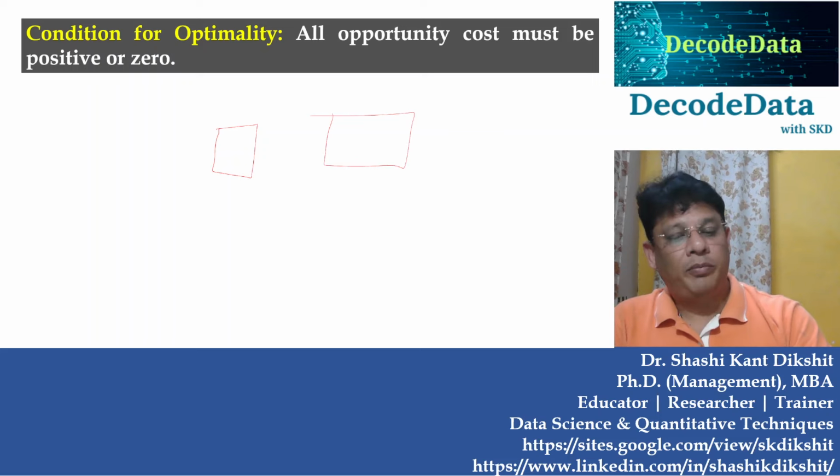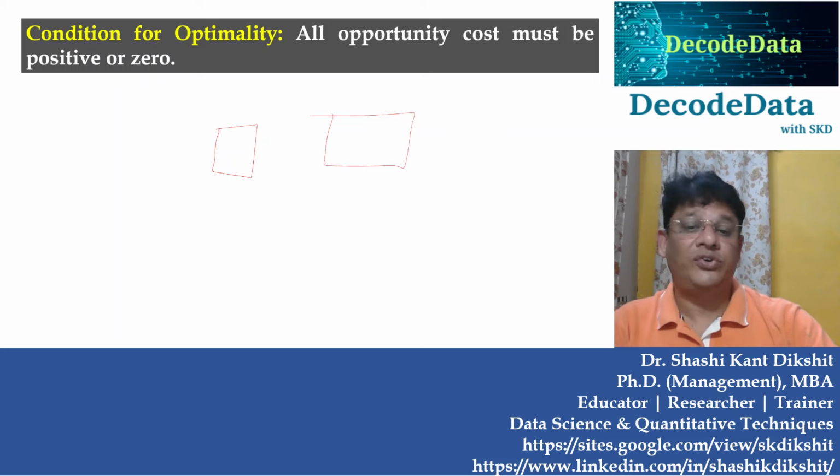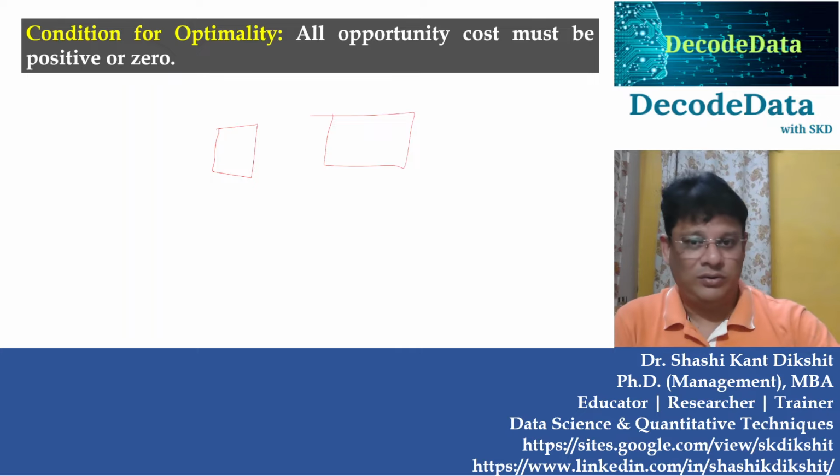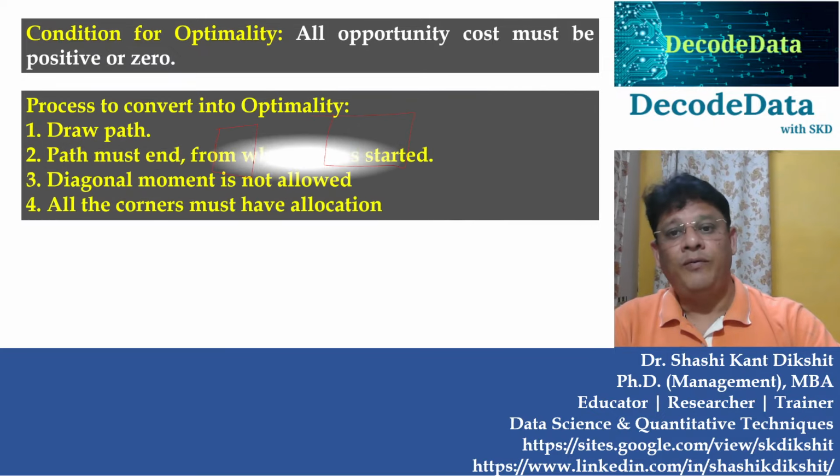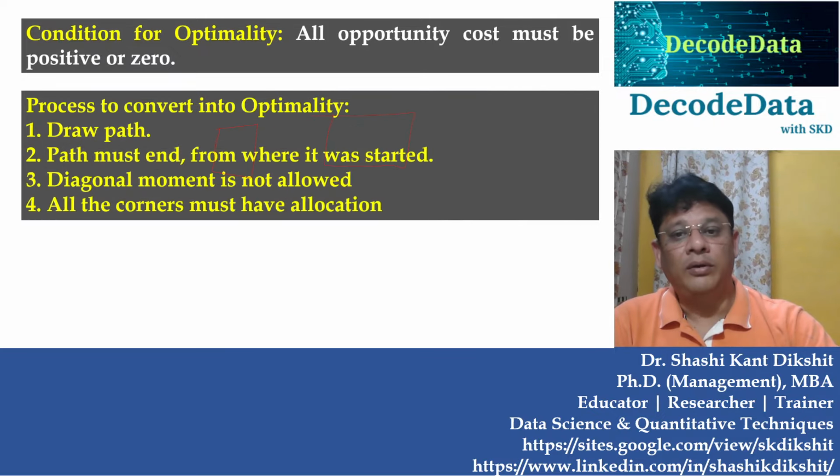To draw this path, we have some conditions. To convert into optimality, the path must end where it started.